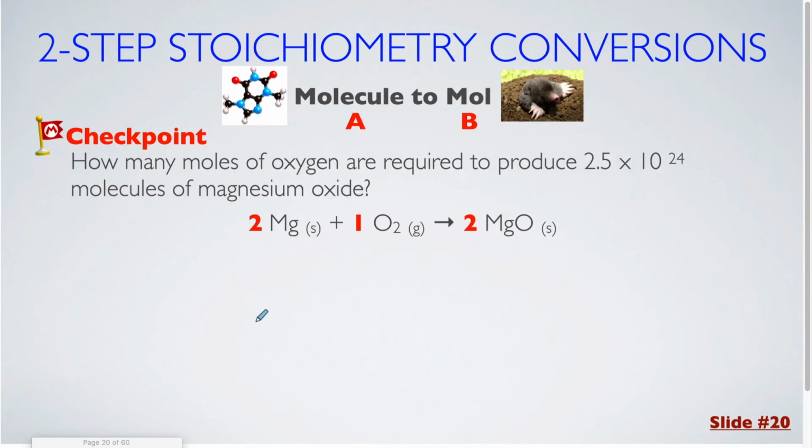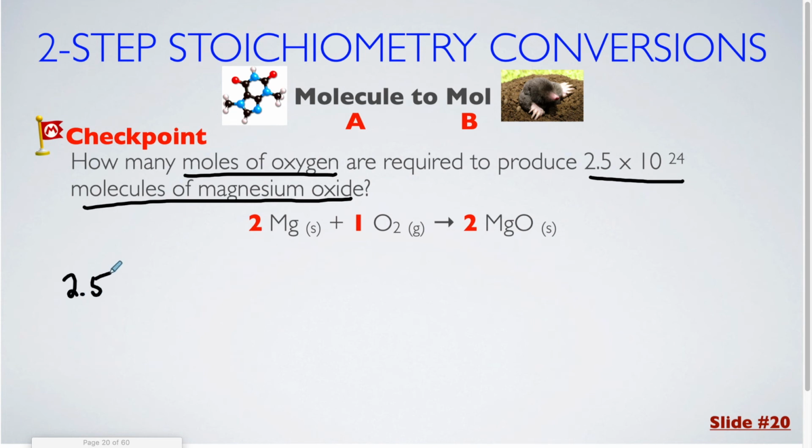All right, for our next checkpoint question, it looks like we are going from molecules of substance A to moles of substance B. So that's going to be another 2-step conversion. We have 2.5 times 10 to the 24th molecules of magnesium oxide, and we're trying to find moles of oxygen.